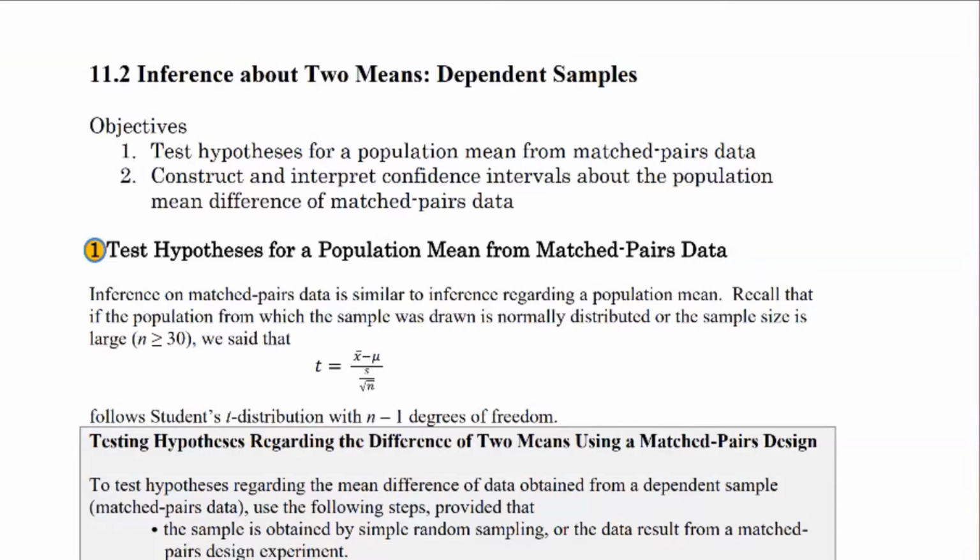So recall that if the population from which a sample is drawn is approximately normal, or if the sample sizes are large, we said that t equals x bar minus mu divided by s over the square root of n follows Student's t distribution with n minus 1 degrees of freedom. So we're going to be using that distribution to conduct hypothesis tests on matched pairs data.